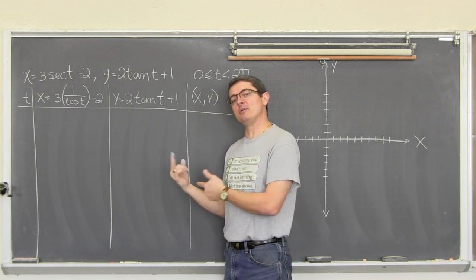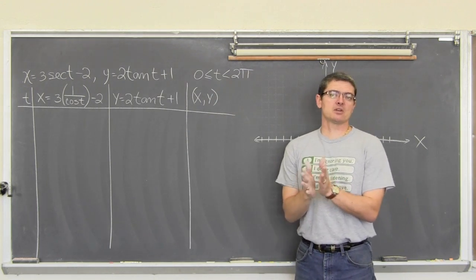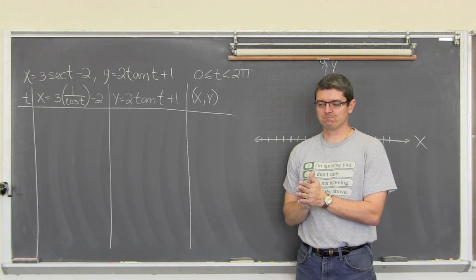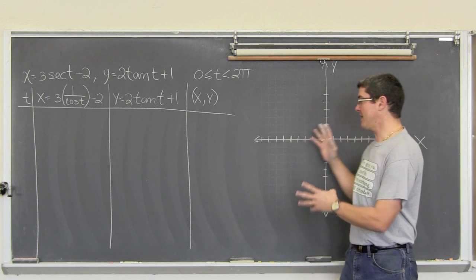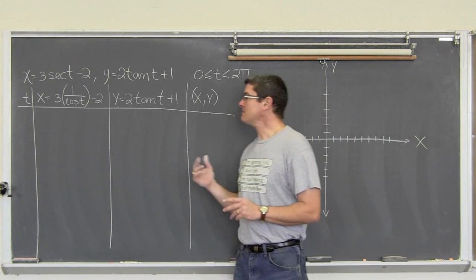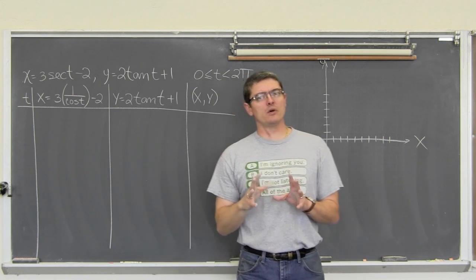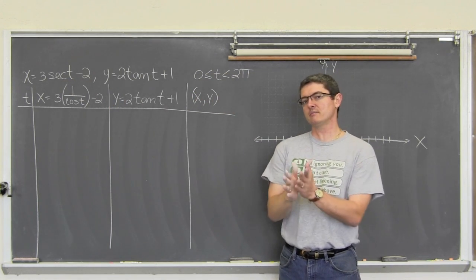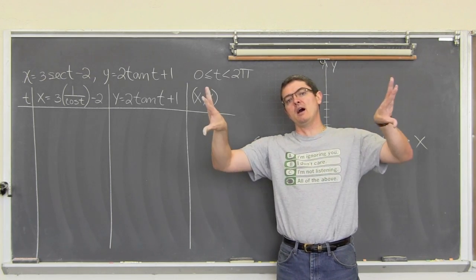This last example is admittedly a pretty tough one, at least in terms of, well, it's only tough in the sense that it's going to take a lot of points to be able to get an accurate graph of what you're looking at. You've got secant and tangent functions, and that's going to create, not that you know how to find this yet, but it's going to create a hyperbola opening up.